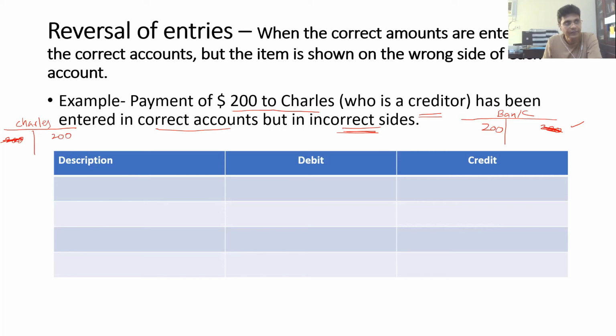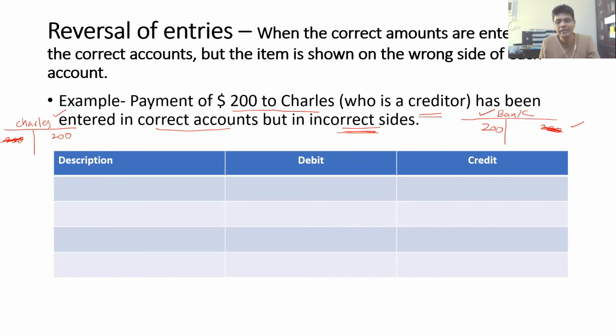Is that the correct entry? No, it's like you have received money from Charles. You have debited the bank account and credited the Charles account as if you have received money from Charles. However, you have paid money to Charles. So therefore, bank account should be credited and Charles account should be debited.